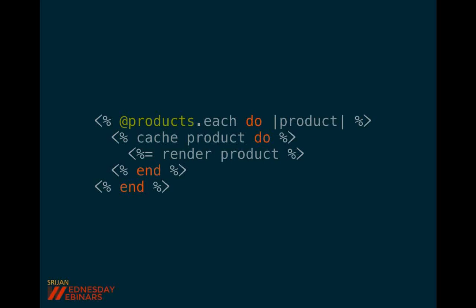So what that means is if the key changes, it's going to render this section of the view. If you update your model, it's going to update the updated_at, and then this will be recreated. So in a lot of cases you don't really have to worry about expiring your cache by yourself, because Rails will do that for you.